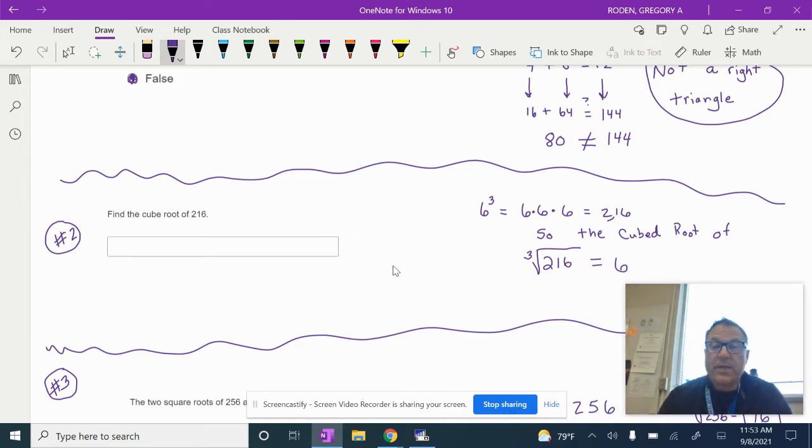So if we reverse that, the cube root of 216 is 6, because 6 is the number that was multiplied 3 times by itself to get 216. So the answer is 6, because 6 times 6 times 6 is 216.